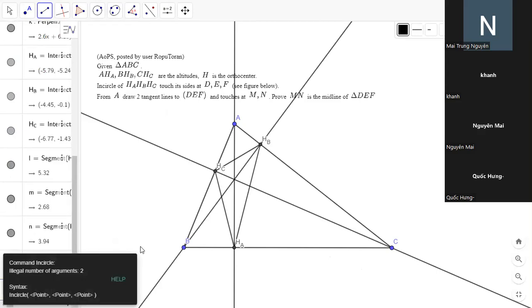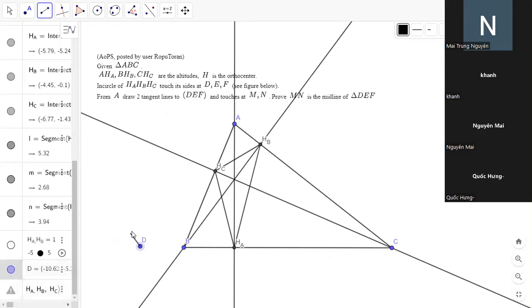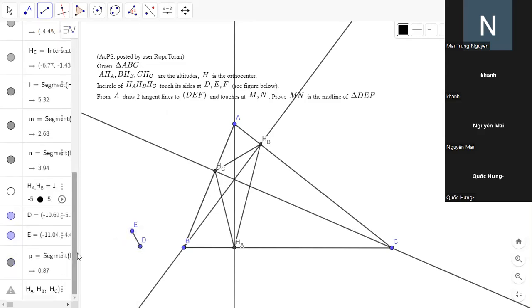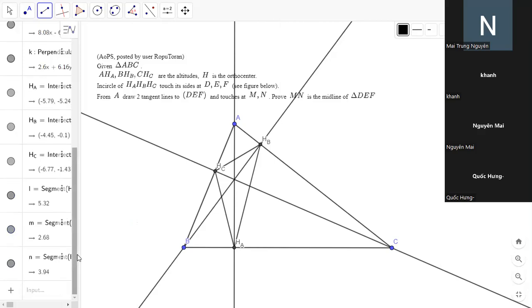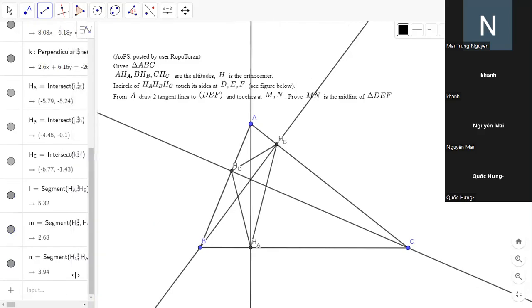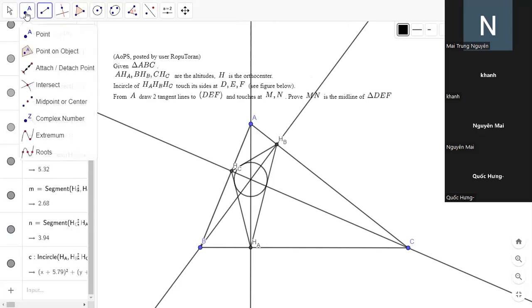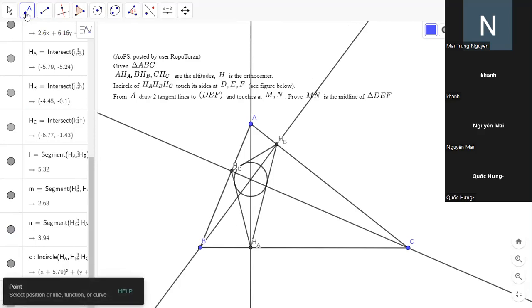Why did that not work? What did I do wrong there? So I'll try one more time. Incircle of HA, and then HB, and then HC. There we go. And then D, E, and F.